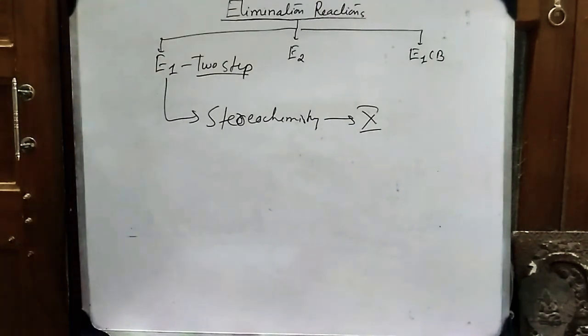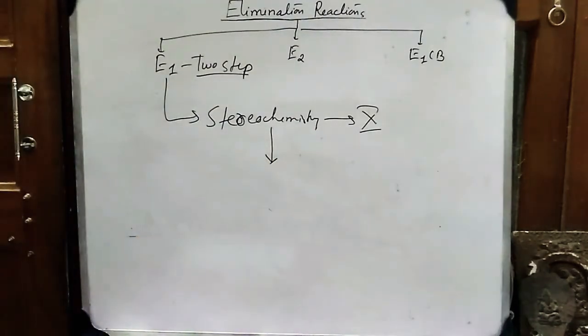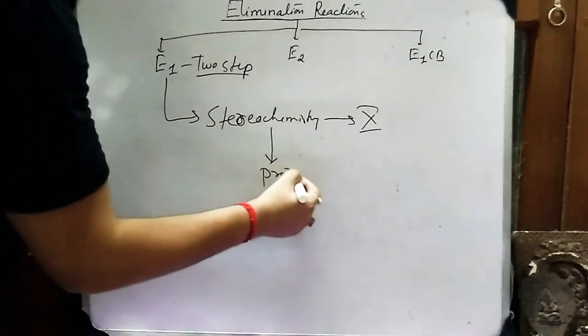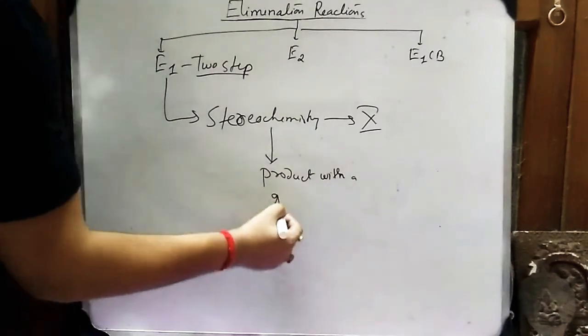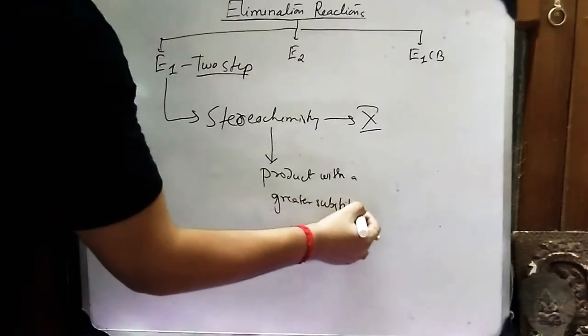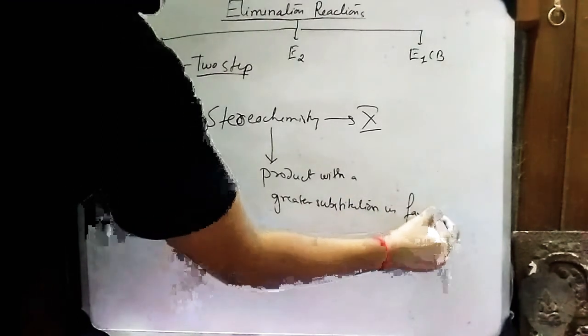But there is a but. It sometimes tends to produce a product which has a greater substitution. A product with greater substitution is favored.